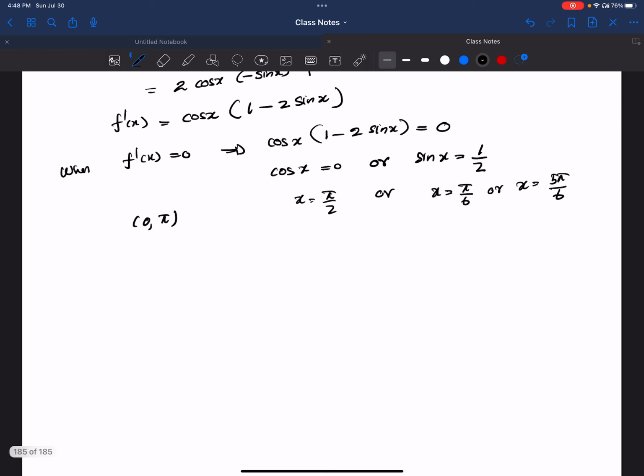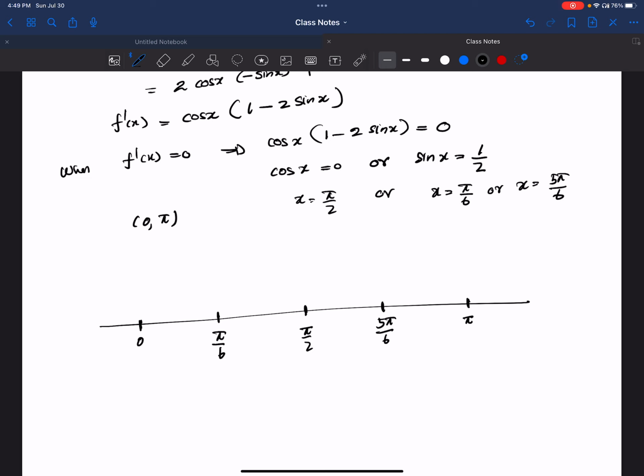So on a number line, we can go from 0 to pi. You have pi over 2 here, and then pi over 6 here, and then somewhere here 5 pi over 6.